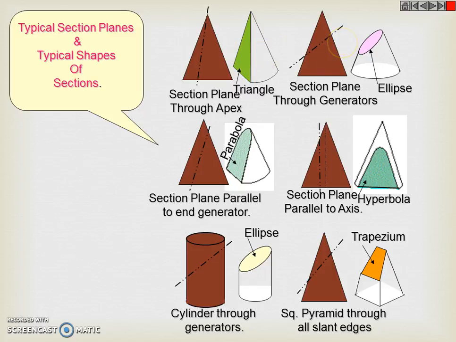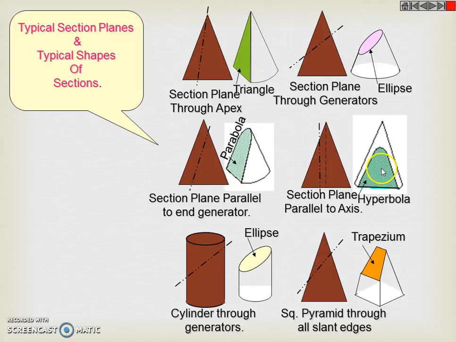If the cutting plane cuts through the generators and is inclined to the axis, we will get an ellipse. If it is inclined to the axis and cuts one generator and the base, away from the axis, we will get a parabola. And if the cutting plane is parallel to the axis, we will get a hyperbola.